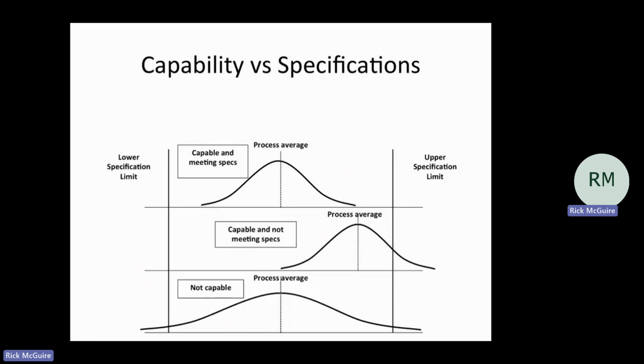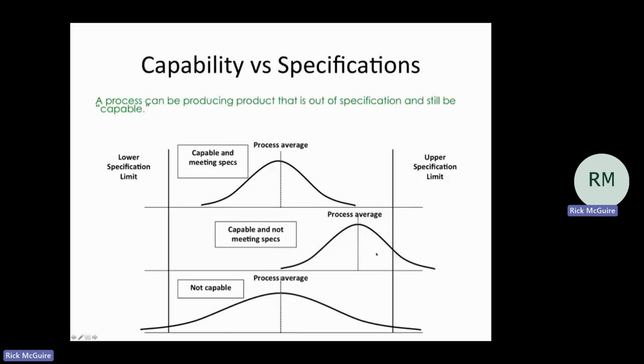The problem with Cp is that I don't know this. I don't know it because it does not take into consideration where the process is located. It only takes into consideration the variation in the process. As seen in the example below, this process is considered not capable because the variation is greater than the specification limits.